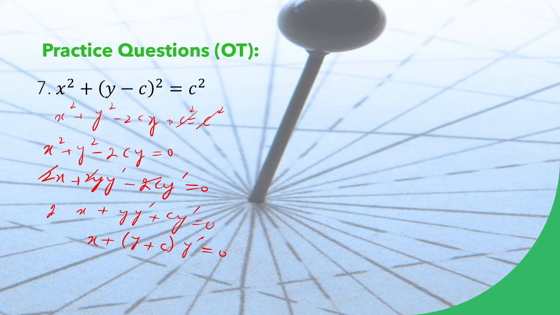Now we need to find the value of c, which could be found from this equation. So if we see x square plus y square minus 2cy is equal to 0, I may write this as c is equal to x square plus y square divided by 2y.